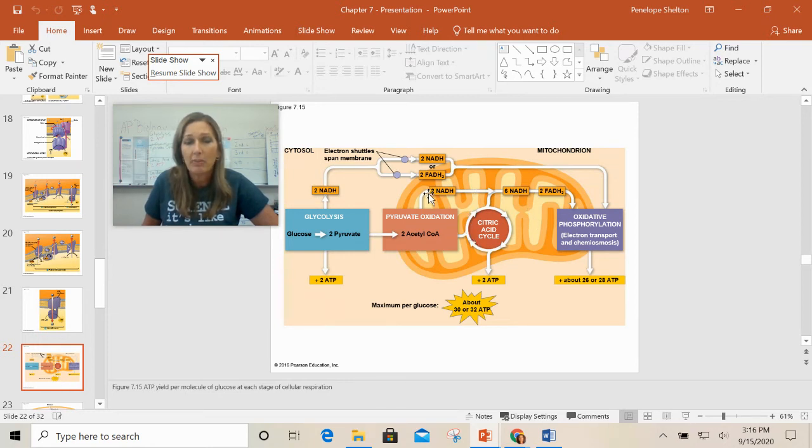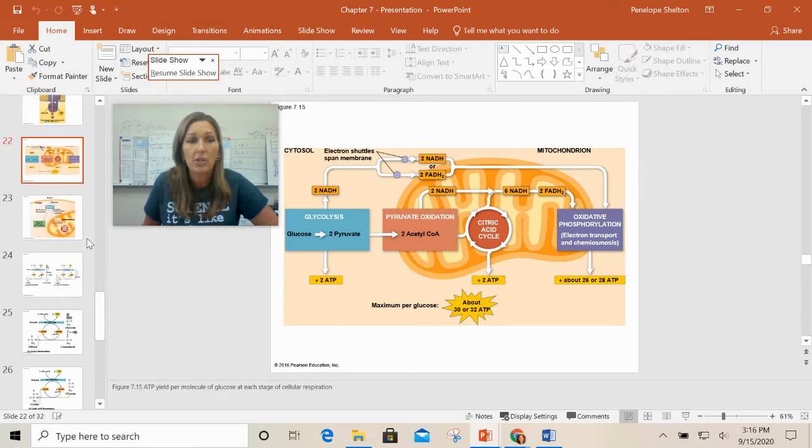So I have to be able to empty out my Ubers or empty out my taxis so taxis can go pick up more passengers and bring them back. So if I don't have oxygen here, there is nowhere for NADH or FADH2 to empty themselves out and go back and pick up more electrons. So all of these systems shut down if oxygen is not present as the final electron acceptor in electron transport.